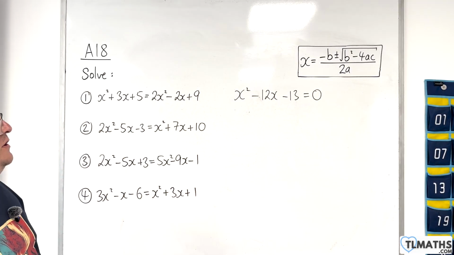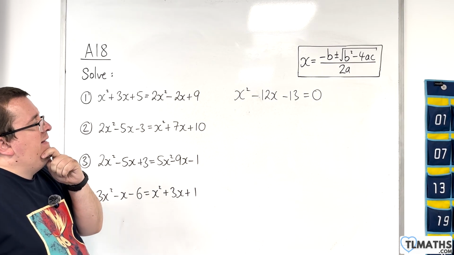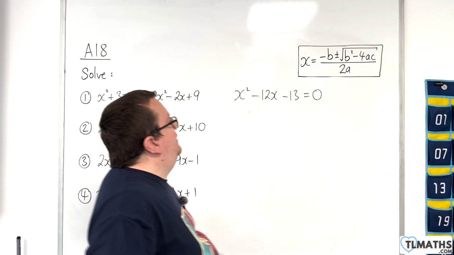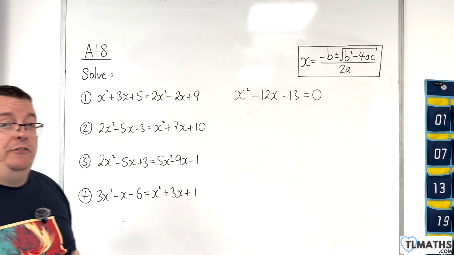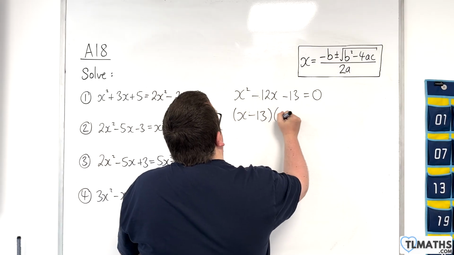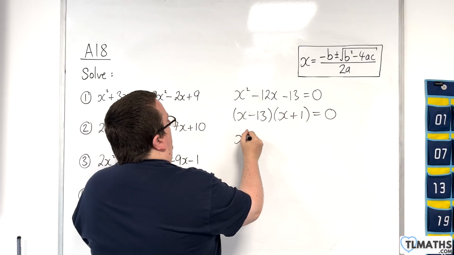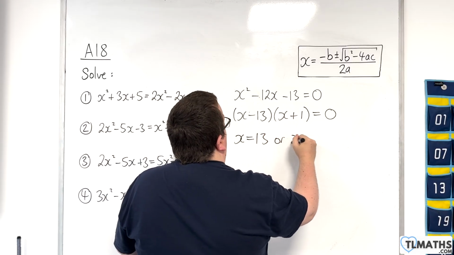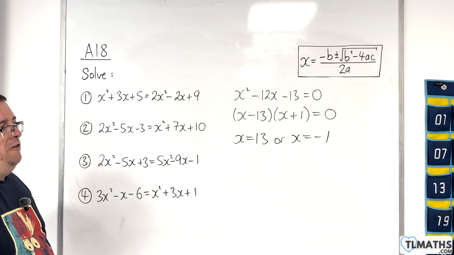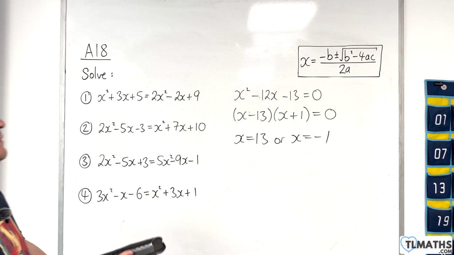The coefficient of x squared here is 1, so can this factorise easily? Two numbers that multiply together to make minus 13, but add together to make minus 12, are minus 13 and positive 1. So x take away 13, x plus 1 equals 0. So x equals 13 or x equals minus 1. Another one where it was easy to spot that factorising worked.